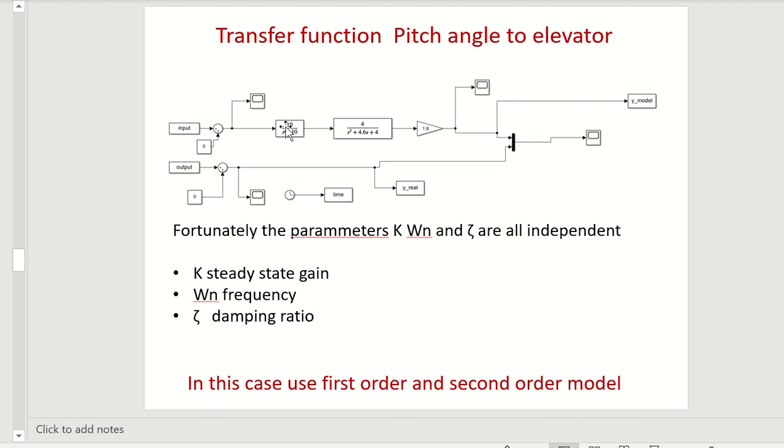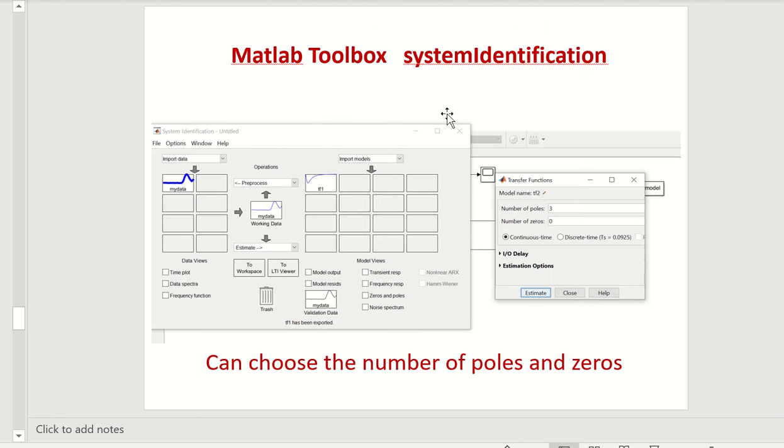There's a method for adjusting these parameters so you can get a good fit between the model and the real system. And then the alternative approach is to use the System Identification Toolbox. To run this, you just type system identification, with a capital I, at the Matlab prompt, and this little thing comes up. You can then use this to generate transfer functions as well. It's a little package, fairly easy to use once you know how.